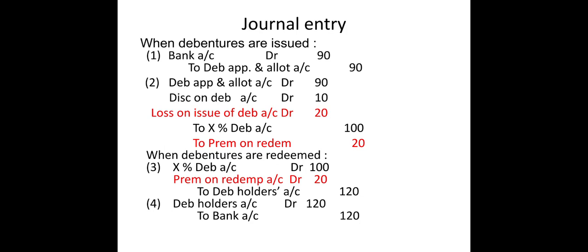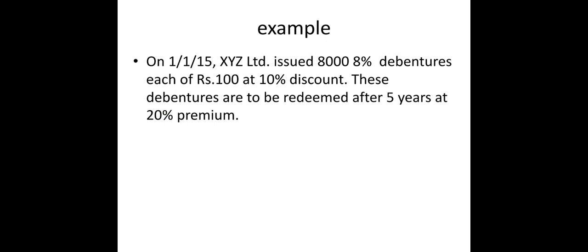Now let's solve one practical sum, student. Here it is shown on your screen. You can see on 1st January 2015, we have issued 8,000 8% debentures, each of 100 at a discount of 10%.